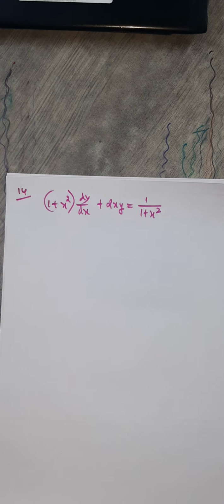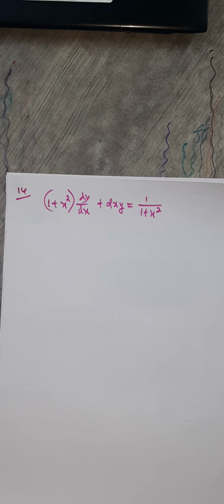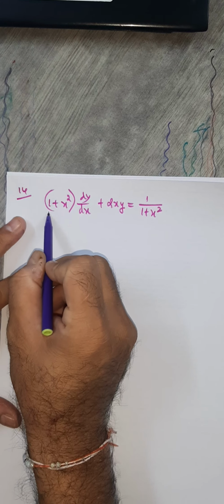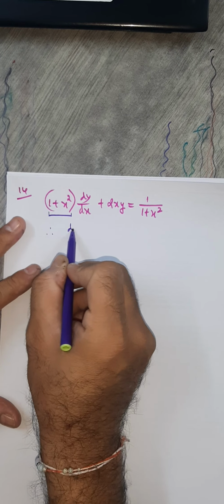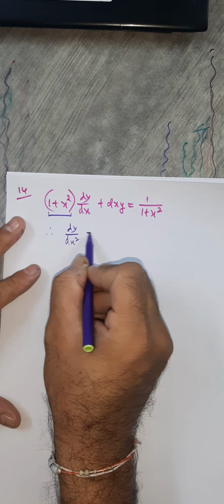Now question is this standard linear differential equation? The answer is yes, it's a standard linear differential equation. Why? Because here you can see that the power of y is 1 and y and dy by dx are not in a product, but the coefficient should be 1, so I'll divide by 1 plus x square.